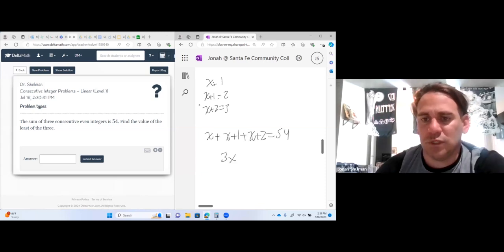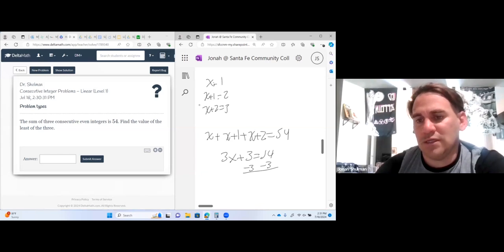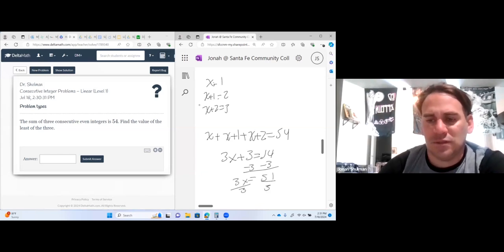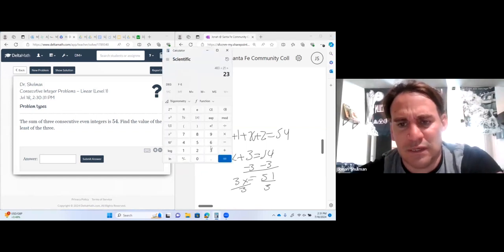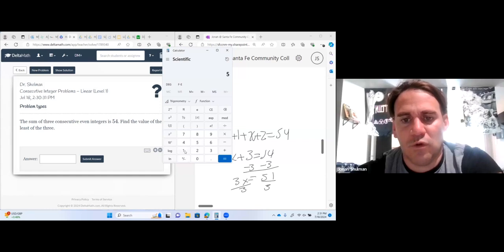I have plus 3 equals 54. We minus 3. We get 51. And we divide by 3 on both sides. And I believe that is 17. I don't know which one they want, but the littlest one is 17.